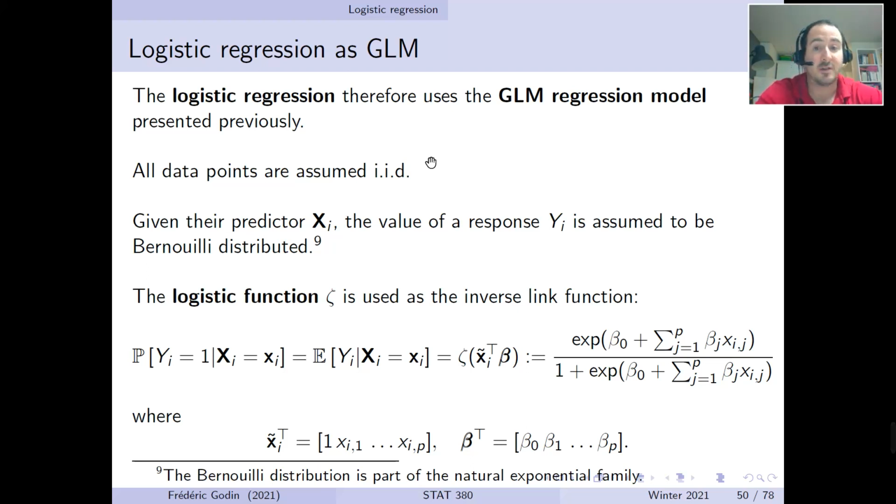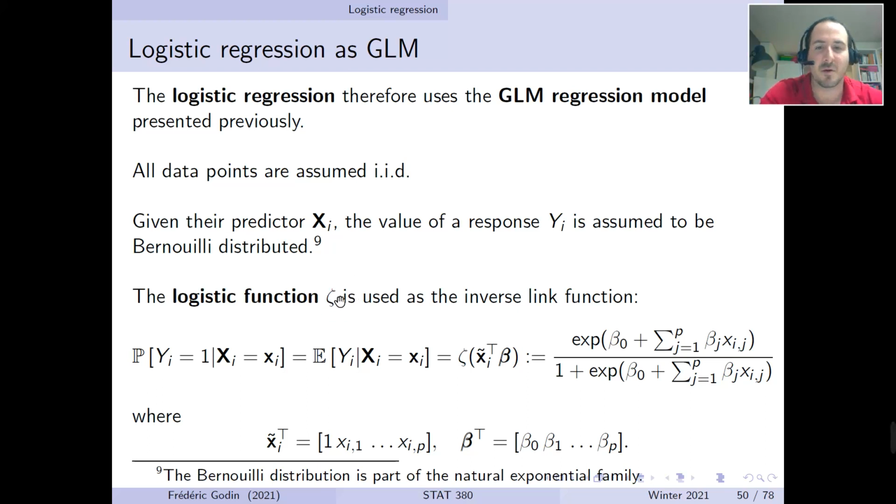Now about the link function. In logistic regression, the link function is denoted by this symbol, some variant of phi.